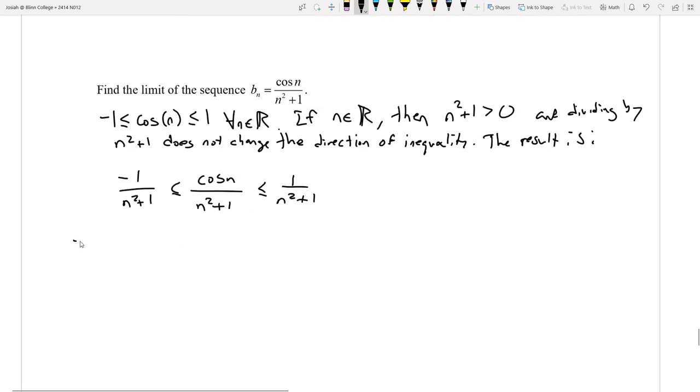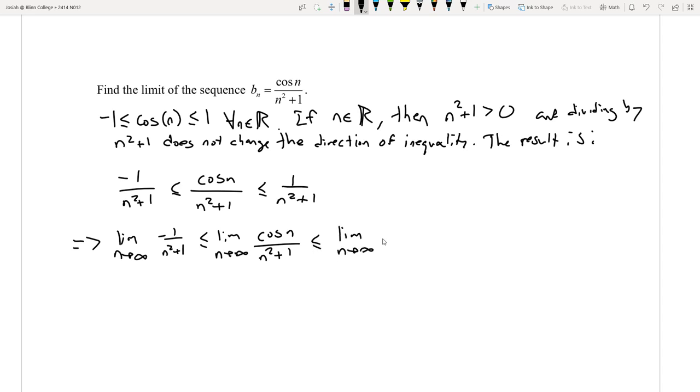So we'll go ahead and apply the limit to all three spaces in our inequality. And when we do that, we're hoping to get the same limits on both sides.